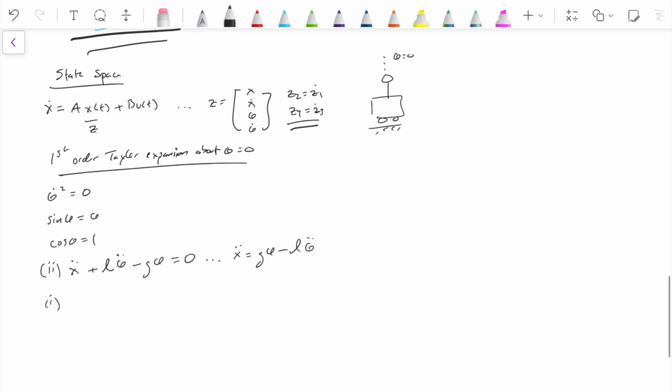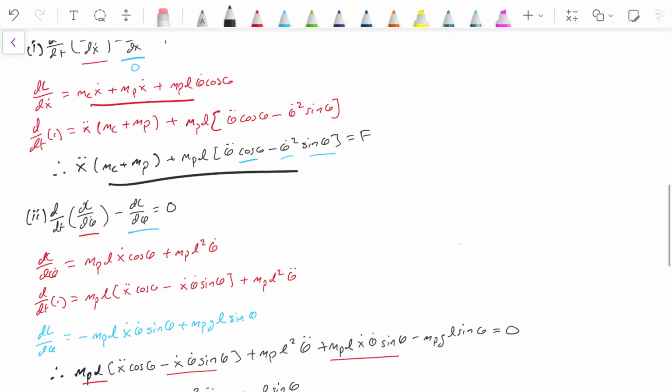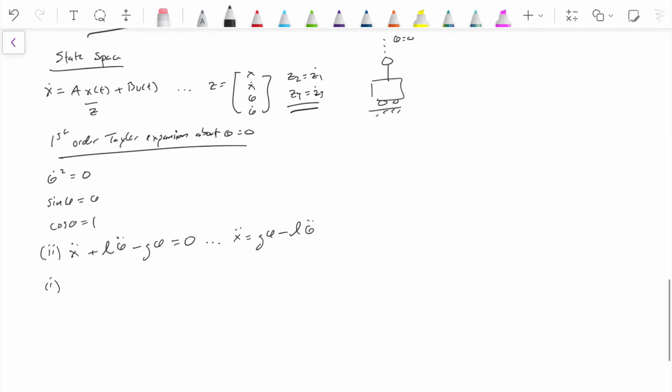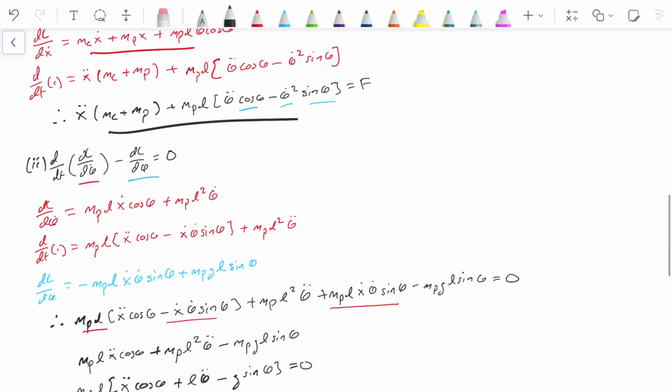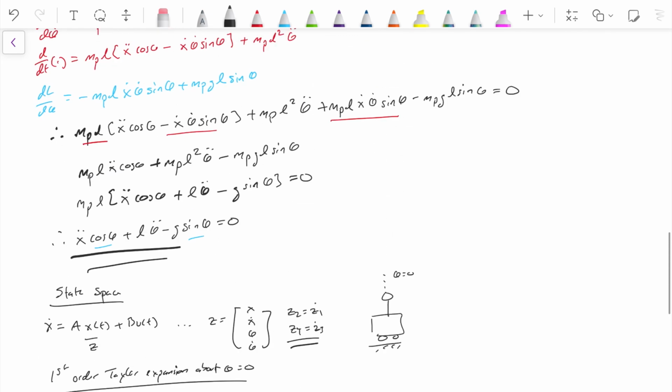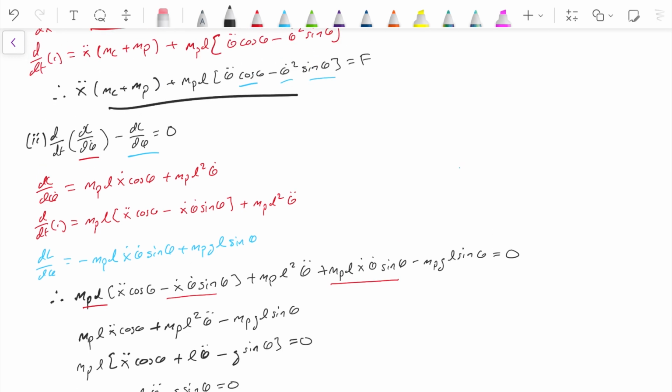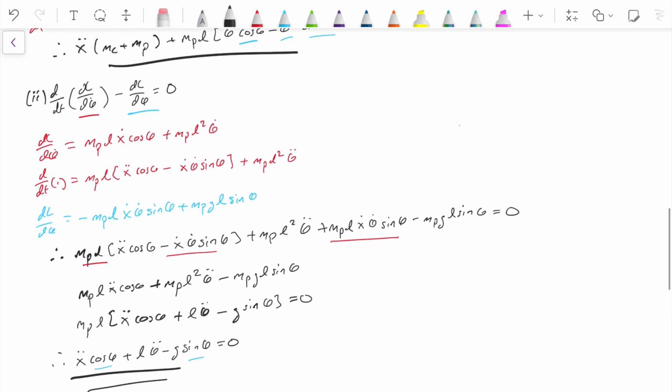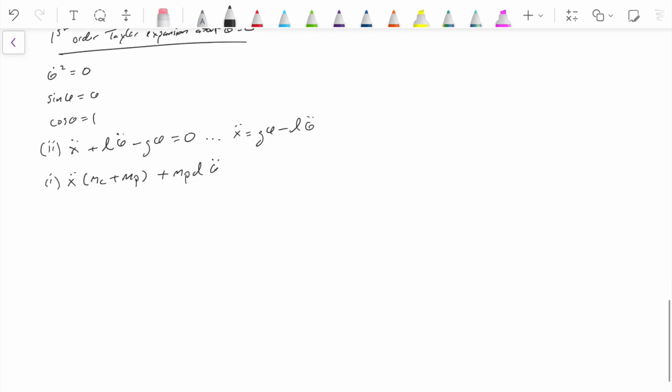And then for the other equation, up top we have x double dot (Mc plus Mp) plus MpL theta double dot, and then that's cosine theta, which resolves to 1. Theta dot squared is 0, so that sine component goes to 0, and that is equal to F. Okay, so we have two linearized equations now.